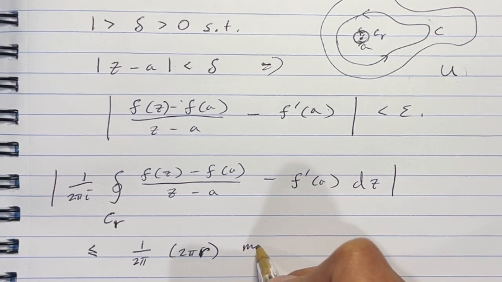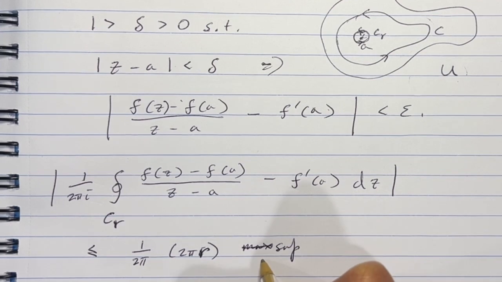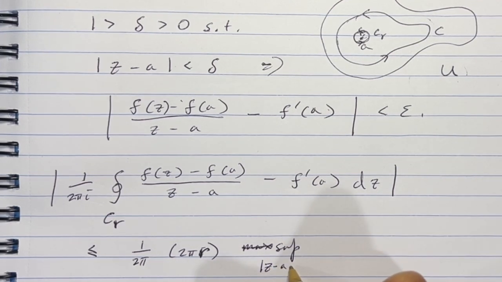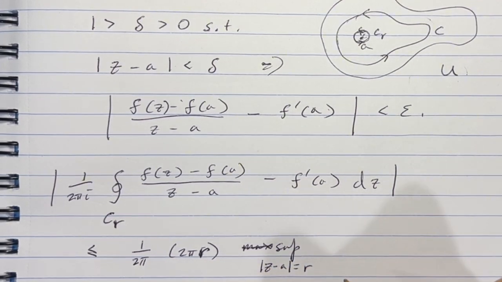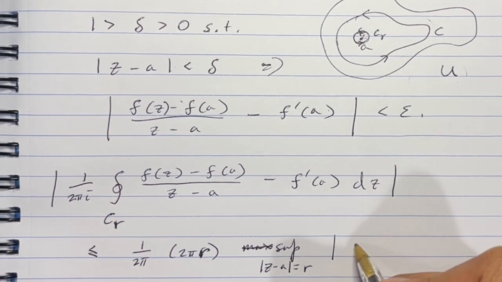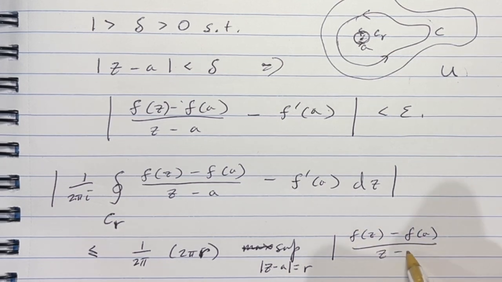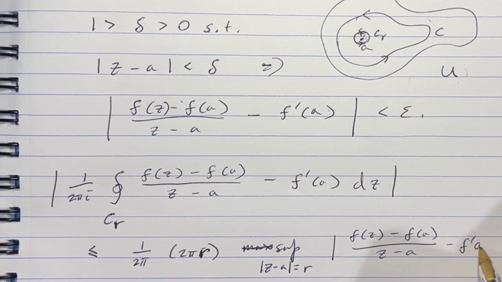This is the supremum over z with |z minus a| equals r, so everything on this circle, of the absolute value of (f(z) minus f(a)) over (z minus a), minus f prime of a.